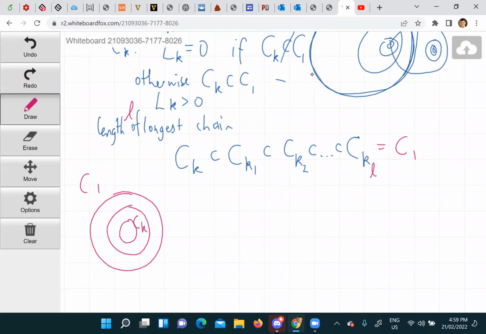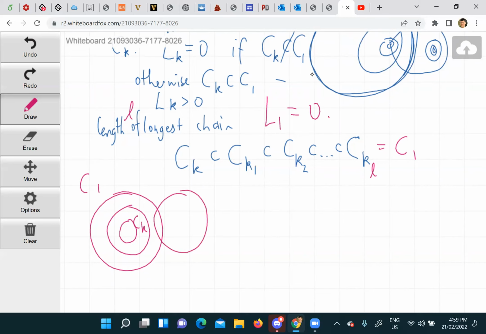Make sense? Yeah. So maybe we also have L1 equals 0, yeah? What if CK plus 1 is outside? Then the level plus 1 is like in our circle. Is the level of CK still 2?